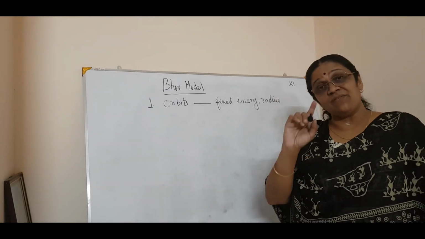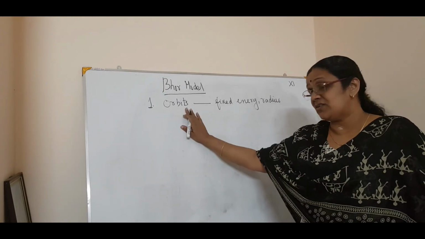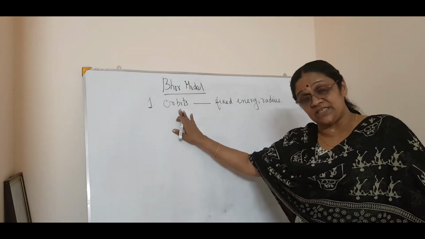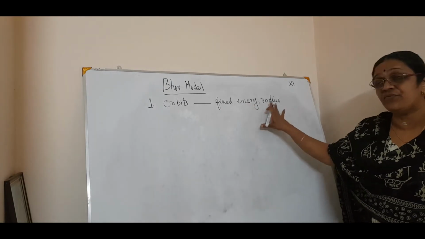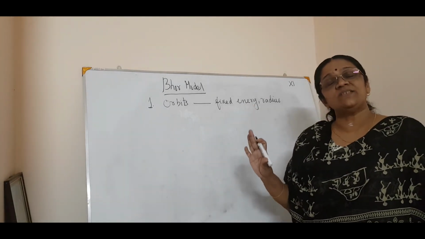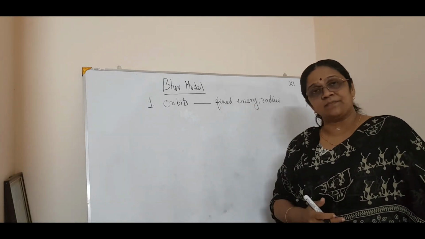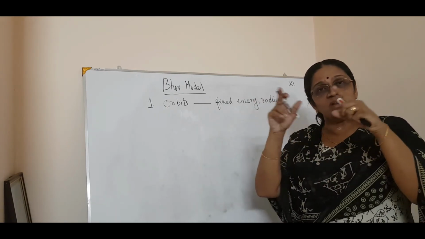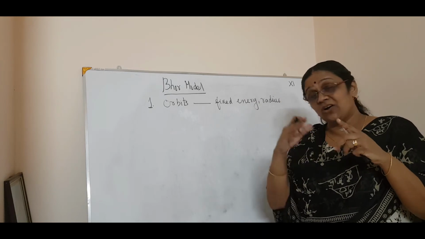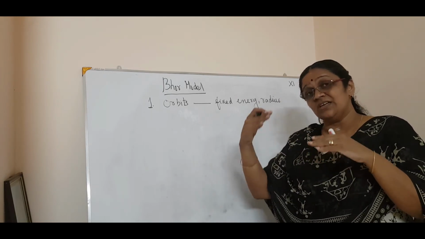The electrons are revolving in circular orbits, or stationary energy states, which have a fixed energy and fixed radius. That was the first Bohr postulate. The electrons revolve in concentric circles, which he called stationary energy levels.